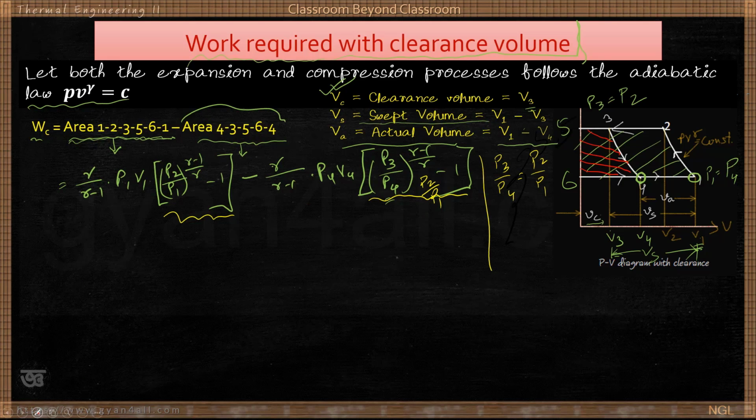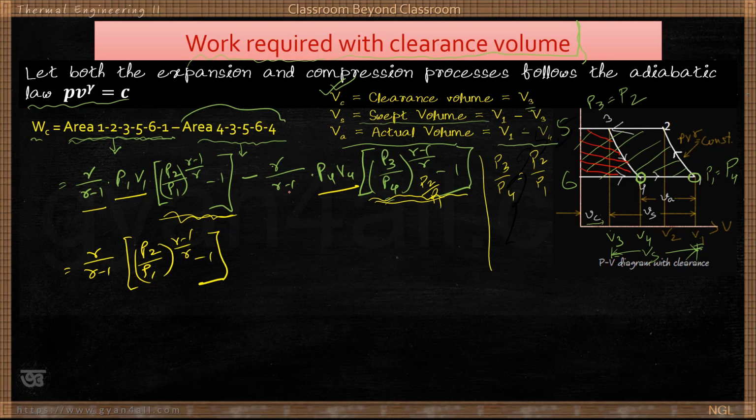So if that is so, this term we can say will be P2 divided by P1. So we can write that is equal to, this is common and this part is also common. So you take the common gamma by gamma minus 1. Now what is common? P2 divided by P1, the first part and the second part. Now what is left? P1 V1 and P4 V4.